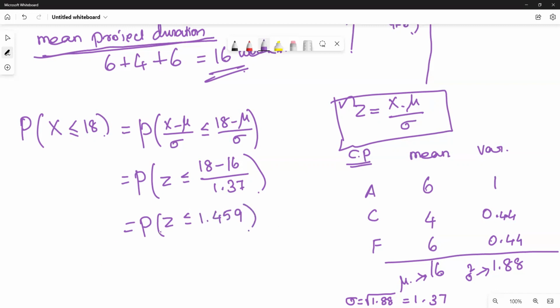Okay. From the normal distribution table, we have to find the probability of z less than or equal to 1.459. Finding this value from the table, you can also find it using a calculator.